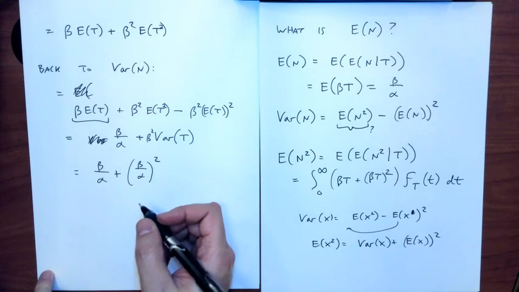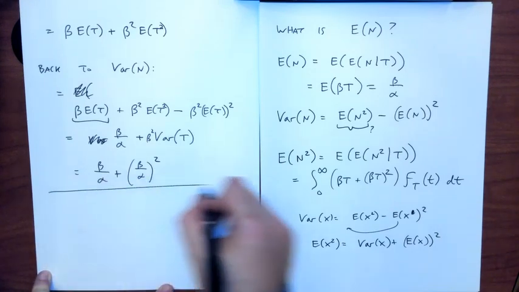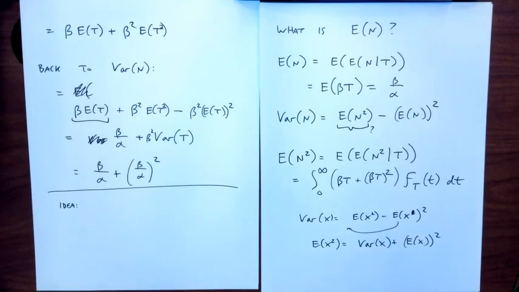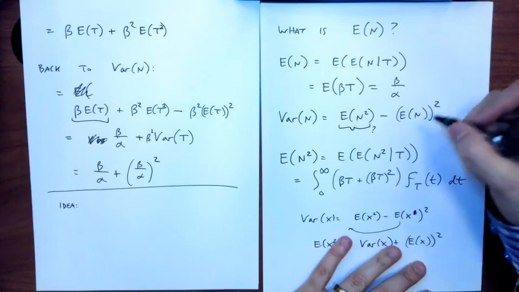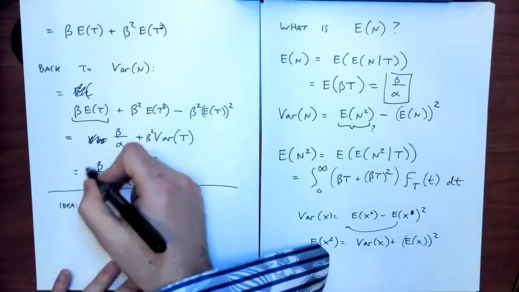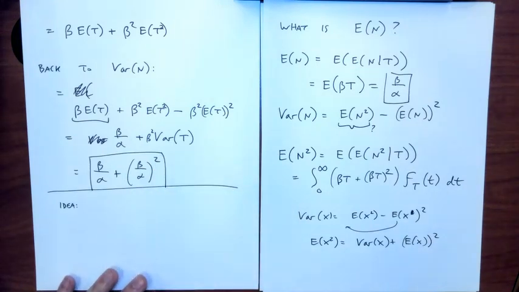So what I'm trying to say is, here's the idea. I computed the expected value of this was a certain number, right? And the variance of this was some other number, okay?